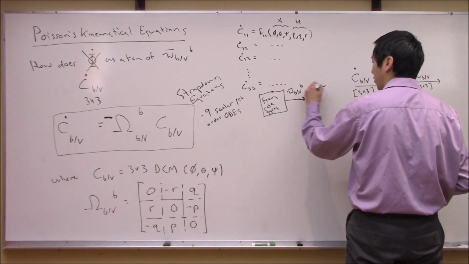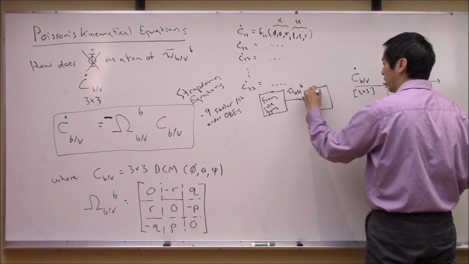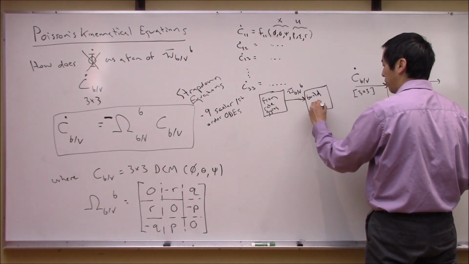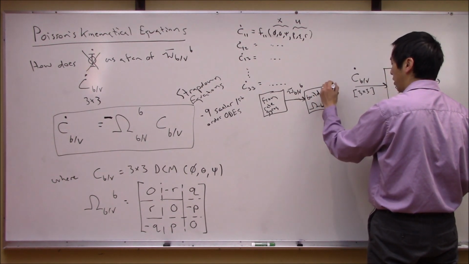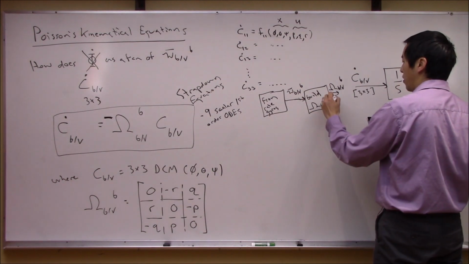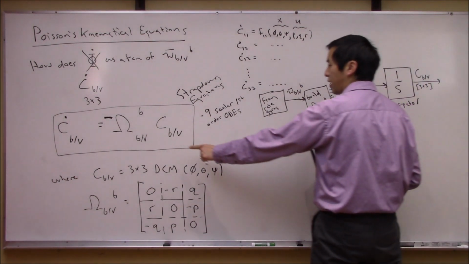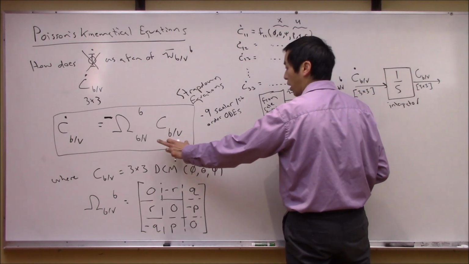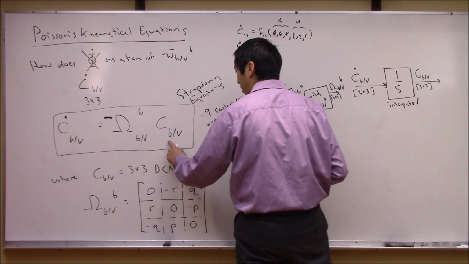So all I need here is a block that builds capital Omega_B with respect to V expressed in the body frame. Coming out of this is capital Omega_B with respect to V in the body frame, again a 3 by 3 matrix. Then the next thing I need is this negative sign, and I need to multiply this thing by C_BV.